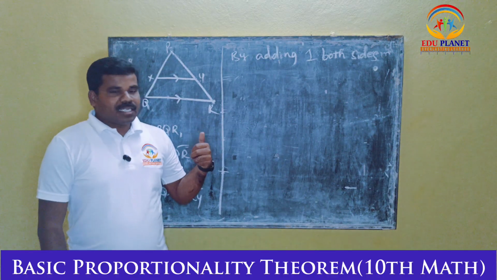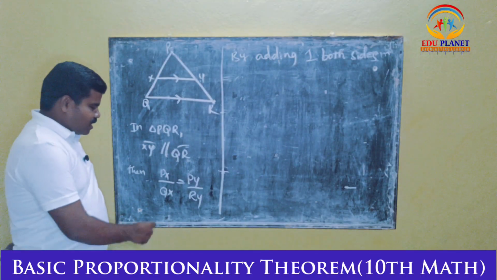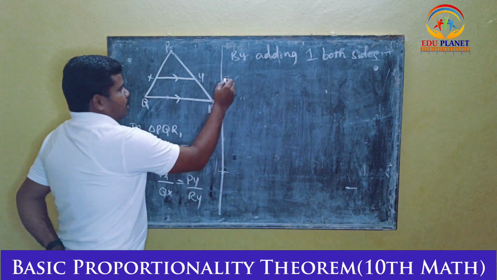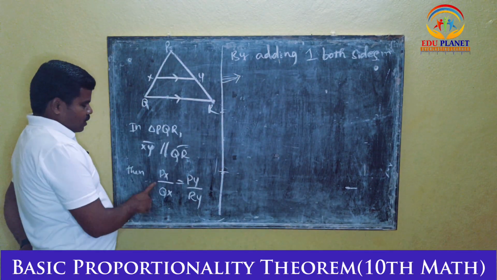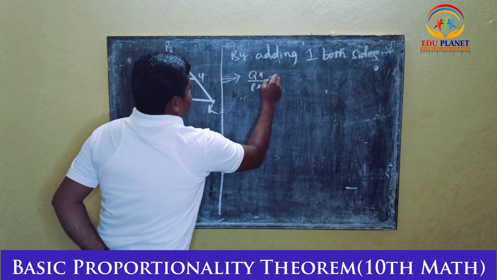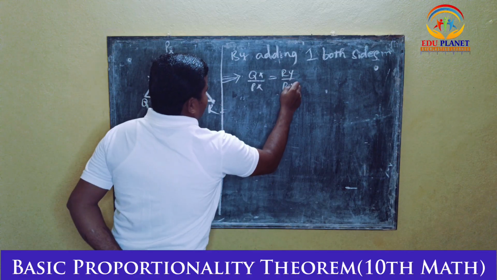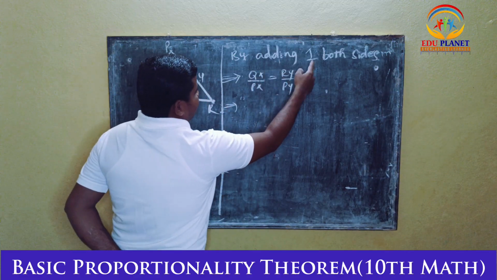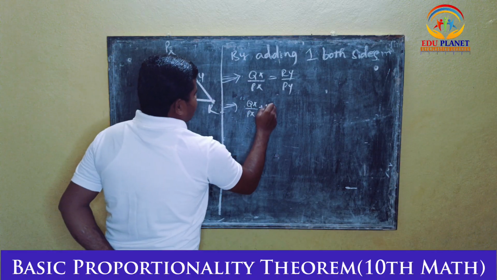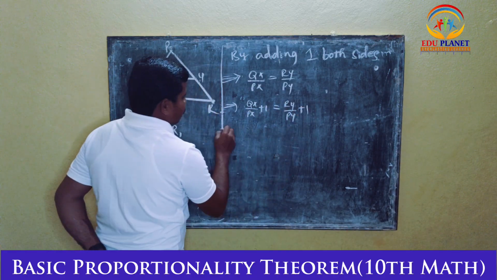What is our last statement? PX by QX equals PY by RY. Let me write their reciprocals. It means QX by PX equals RY by PY. By adding 1 both sides, it would be QX by PX plus 1 equals RY by PY plus 1.